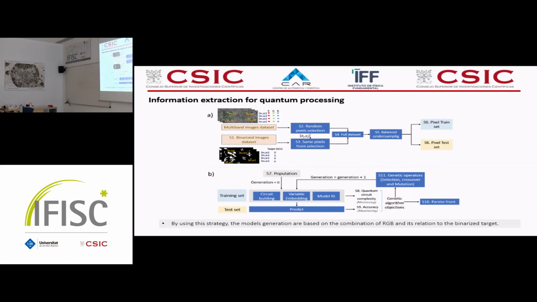So we have to balance both data sets to compare them and to get the accuracy, because if not, we have to go through recall, F1 score, and this kind of metrics, to not get overfitting of the models.